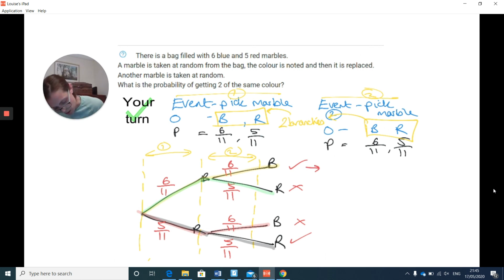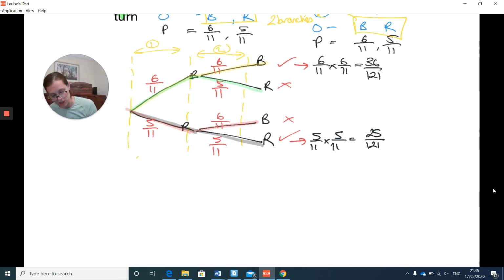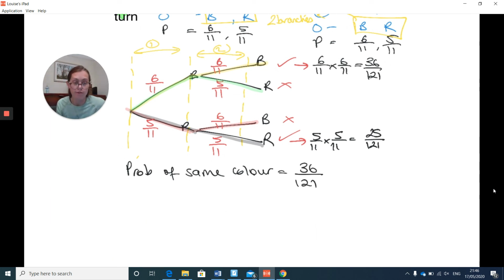So for blue, blue, when I work that out, I'm going to go down the branches. So it should be 6/11 times 6/11. So I get 36/121. And for this branch here, I'm getting 5/11 times 5/11. So this is 25/121. So if I want to group the branches together, I finish this question off by saying, okay, the probability of the same colour is this branch, the 36/121, or the other outcome.